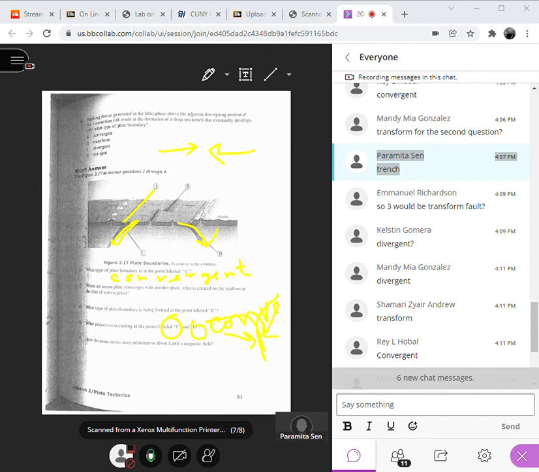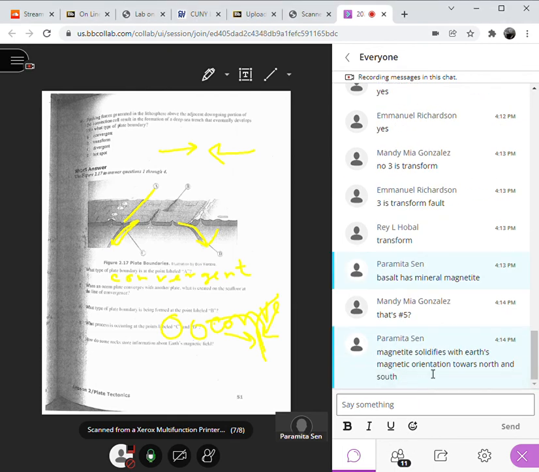Okay. So when magnetite comes up from the magma, it solidifies with its orientation towards north and south. Magnetite solidifies with the Earth's magnetic orientation towards north and south. All right. To the Earth's north and south.